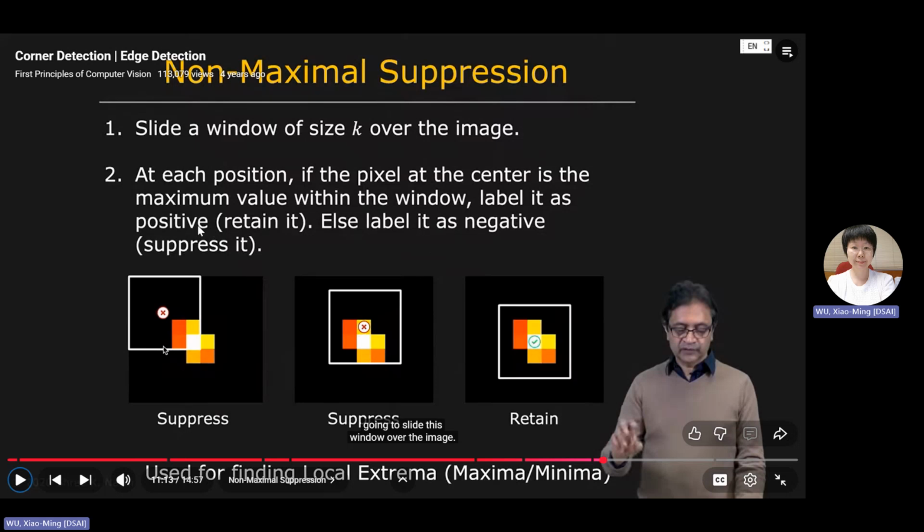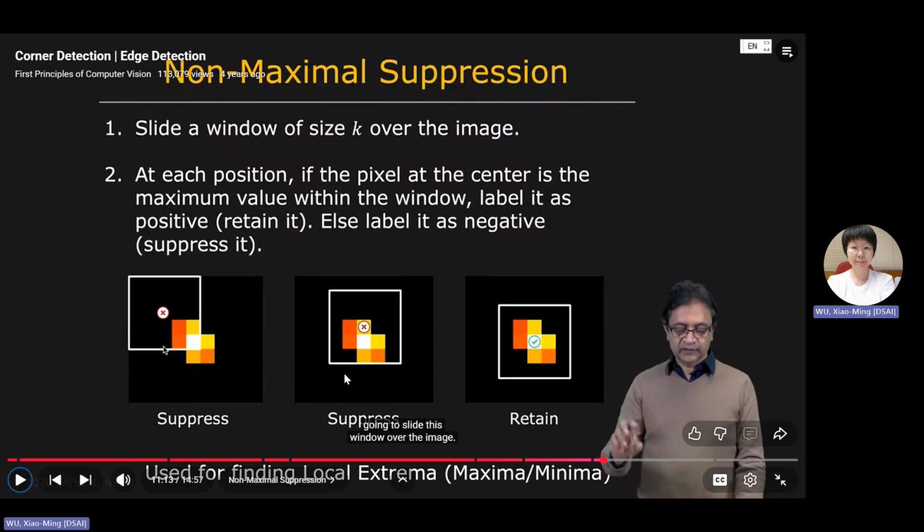Otherwise, we may suppress it, discard it, or diminish its value. For this case, clearly the center is not the largest, so we just suppress it. We don't need to pay attention to it because it doesn't have any value.